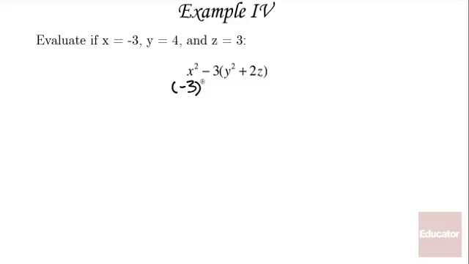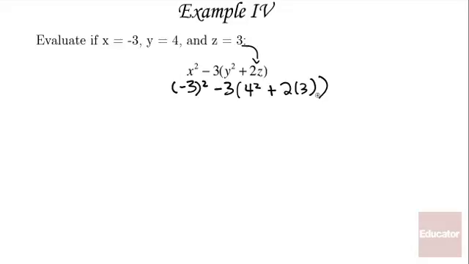And that's going to give me -3 squared minus 3. If I have a y, then I'm going to put in 4. So that's 4 squared plus, and instead of z, I'm going to substitute in a 3. So 2 times 3. Now I can go ahead and follow my usual order of operations.